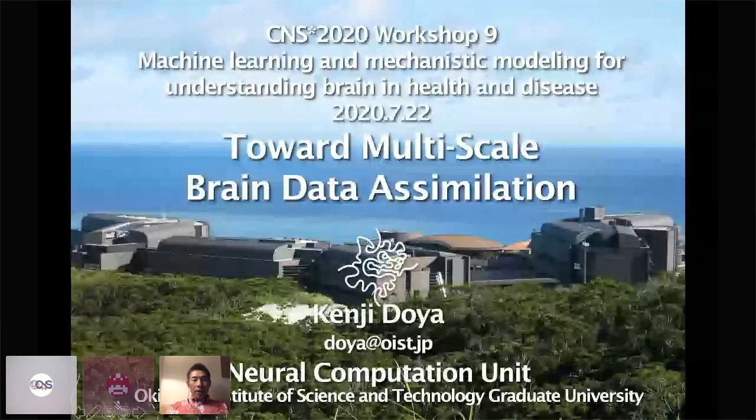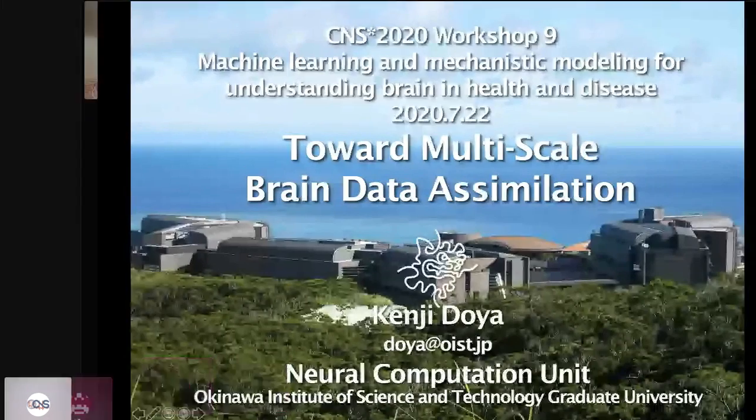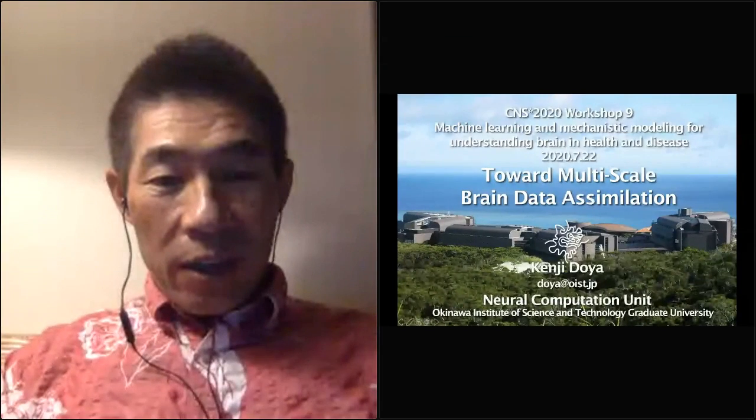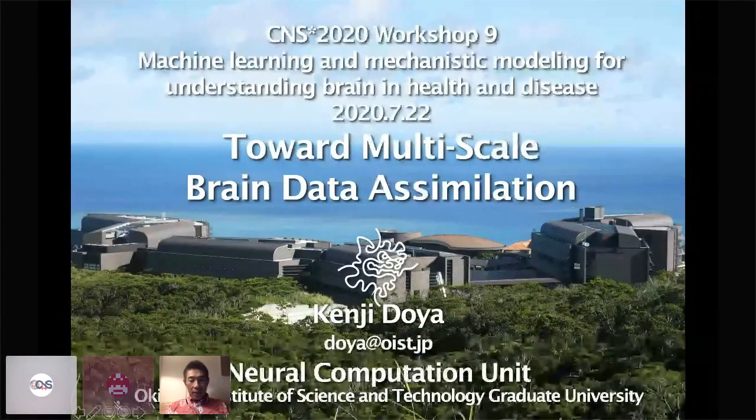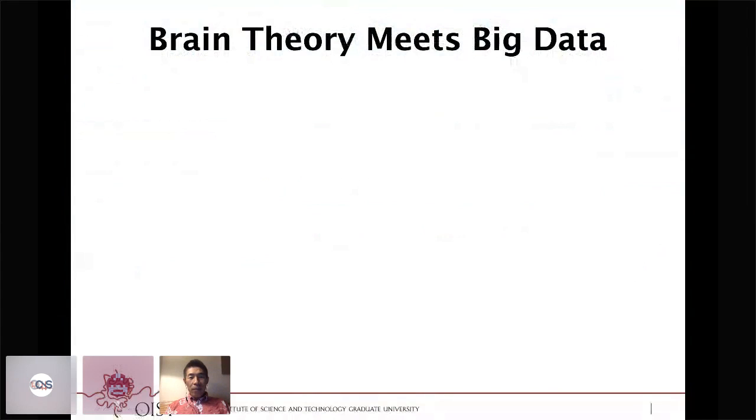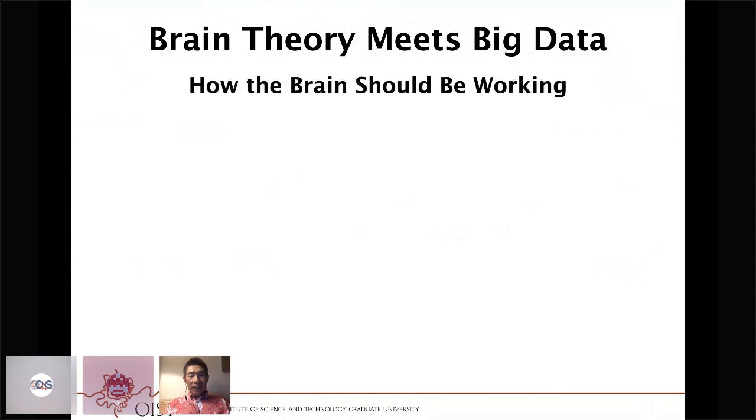Okay, all right, so I'm from Okinawa Institute of Science and Technology, from the southern island of Japan. The title of today's talk is Toward Multiscale Brain Data Assimilation. So this is my version of how brain theory meets big data.